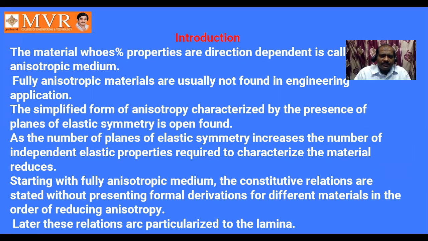The orientation may be x, y, z, or it may be clockwise, anti-clockwise. It depends, and the properties also behave in that direction. That is called the behavior of a material based upon the medium. For example, how many types of medium are there? Liquid medium, solid medium, and gaseous medium.